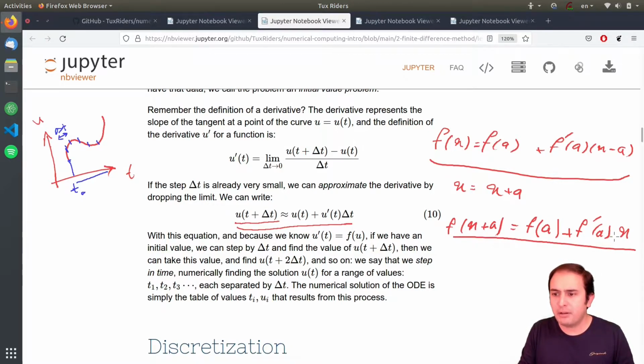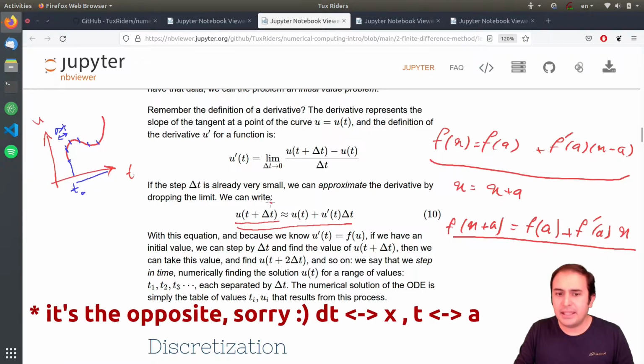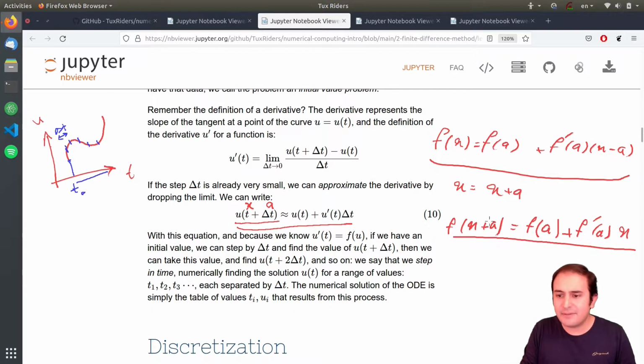So just compare it with this one, and instead of a, you put delta t, and instead of x, it is actually t, because the t is x here. And then we want to just see the value of u at a later point. If we know the value of the function, so this is actually the f and this is x, we know the value of the function somewhere, which is here, and we want to see the value of it just a little bit further with the value of a.